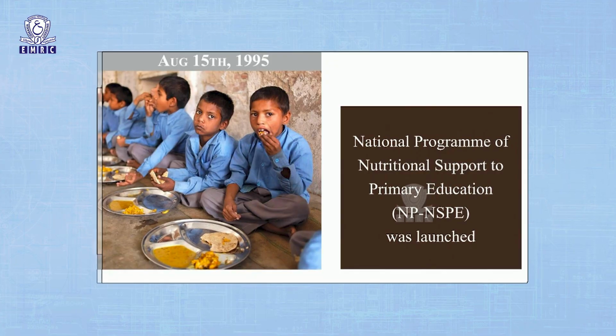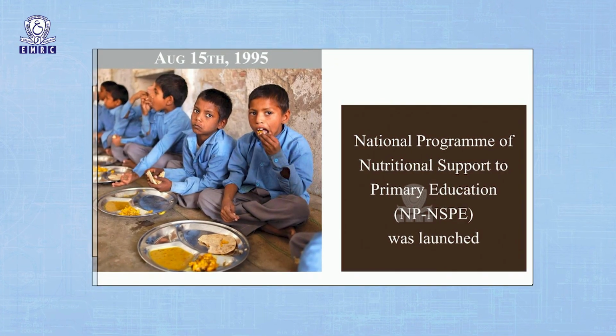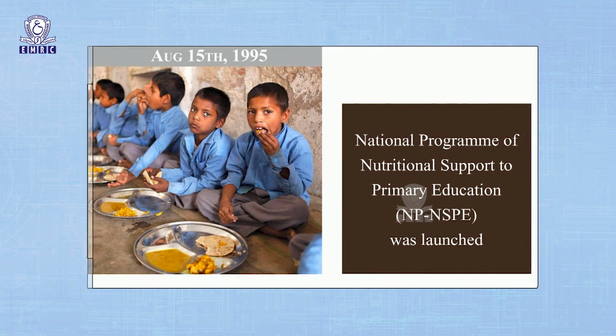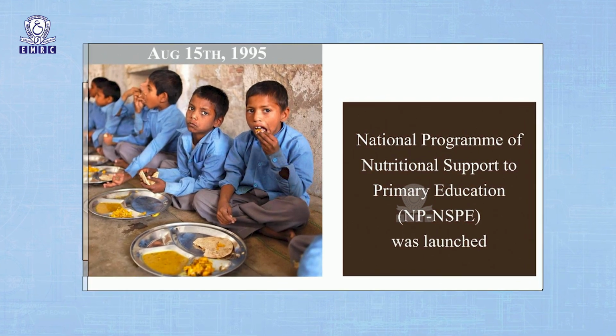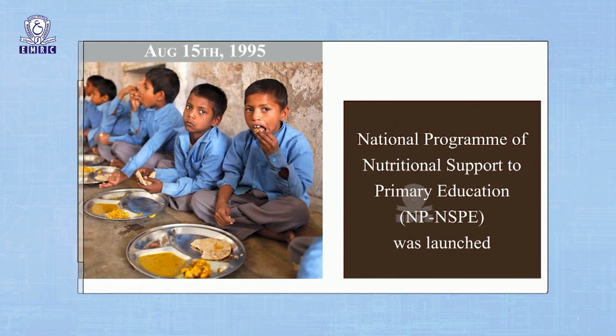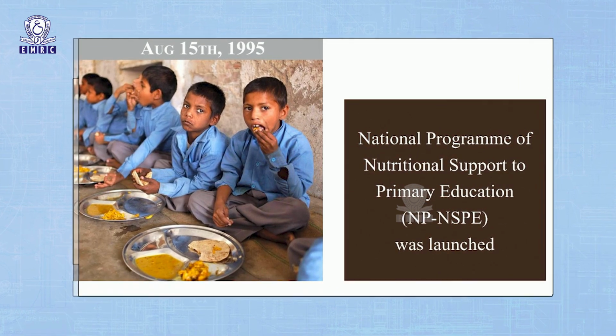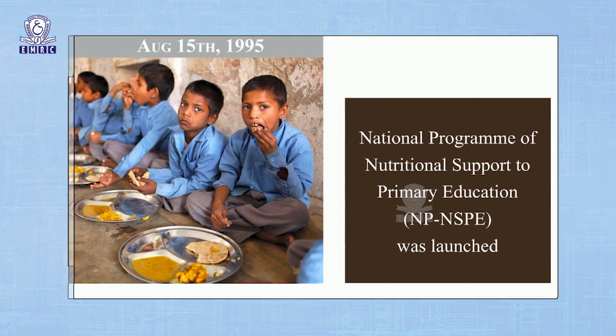With a view to enhancing enrollment, retention and attendance and simultaneously improving nutritional levels among children, the National Program of Nutritional Support to Primary Education, NPNSPE, was launched as a centrally sponsored scheme on 15th August 1995.